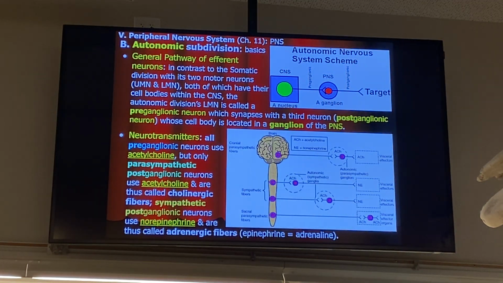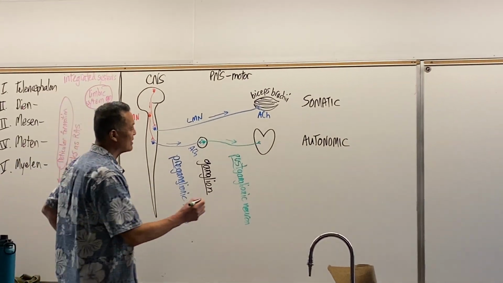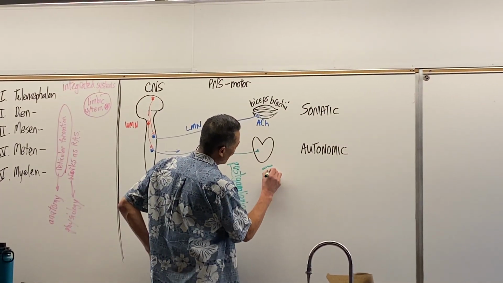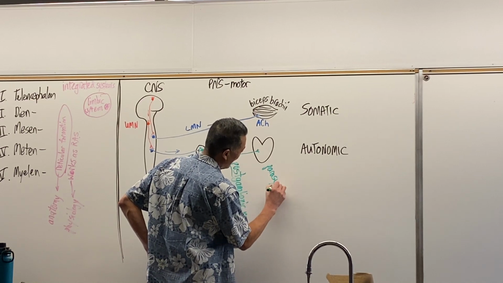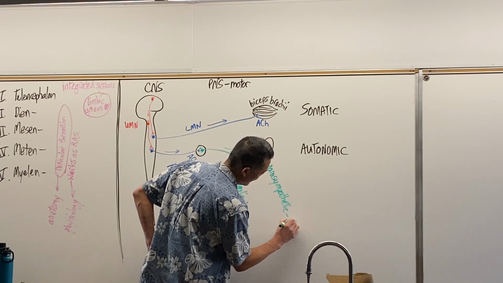And now we can talk about neurotransmitters. Lower motor neurons, whether it is somatic or autonomic, only use acetylcholine. All of them. No exceptions. But on the autonomic side, the postganglionic neuron, it depends. If it is parasympathetic, it is acetylcholine.